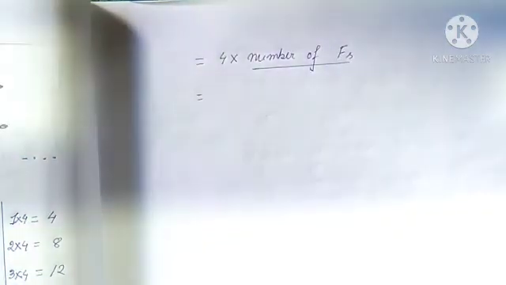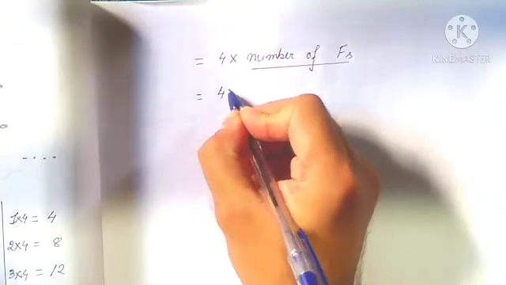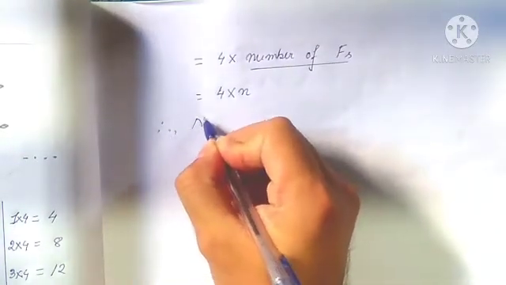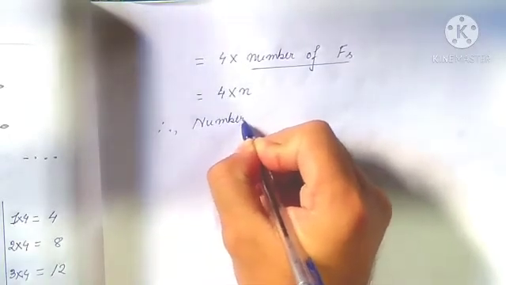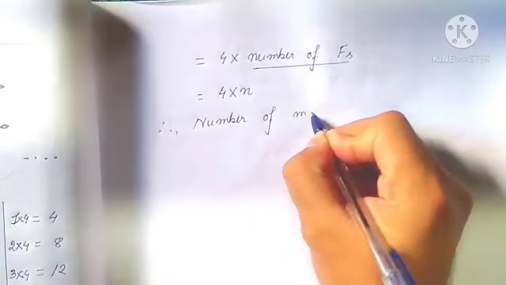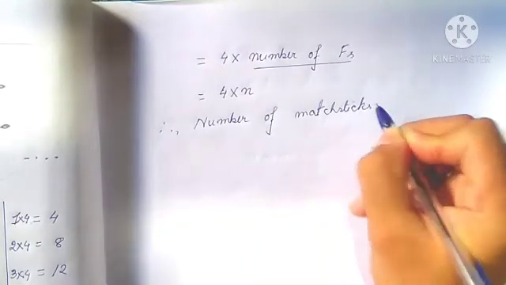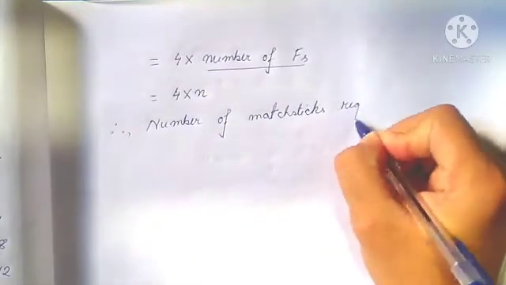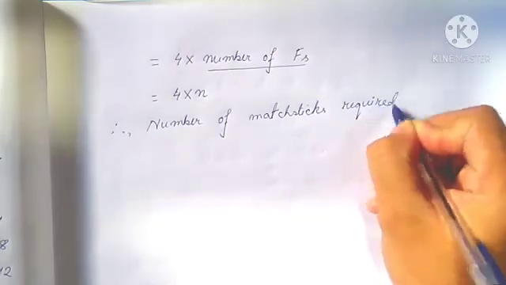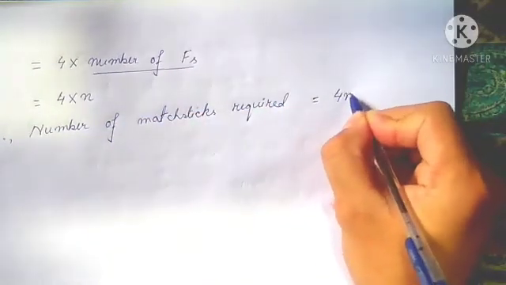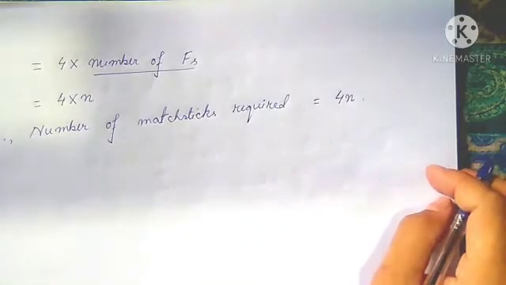Instead of writing the number of F's, we can use a variable. I will use the variable n. 4 into n. So the number of mastics required equals 4n, since instead of writing 4 into n, we can simply write 4n. Understood?